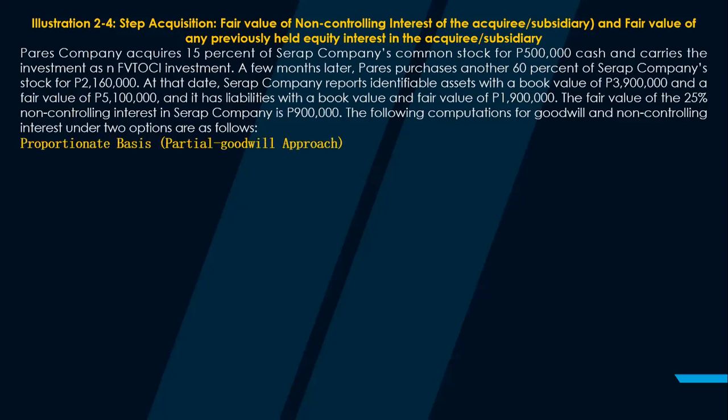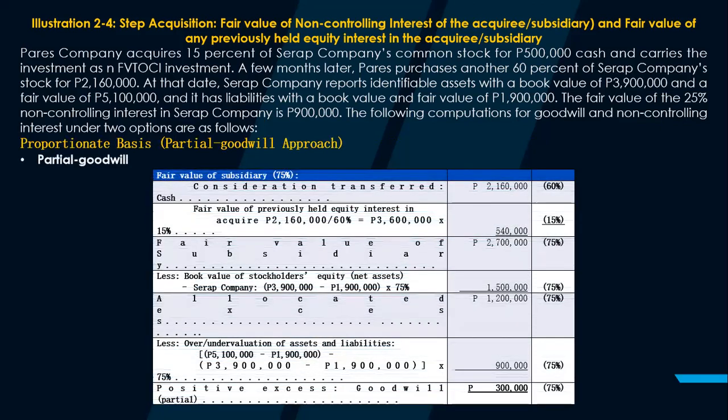The following computations for goodwill and non-controlling interest under two options are as follows. Proportionate basis, a partial goodwill approach. So we have now the consideration transferred of 2,160,000 for 60 percent interest, fair value of previously held equity, 2,160,000 divided by 60%, so 3,600,000, we multiply by 15 percent.